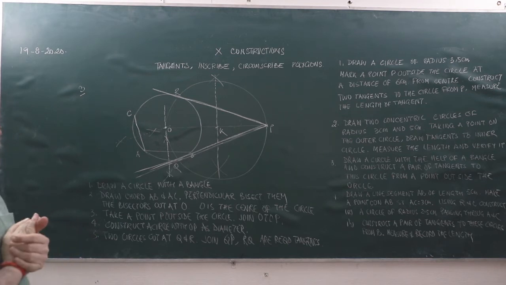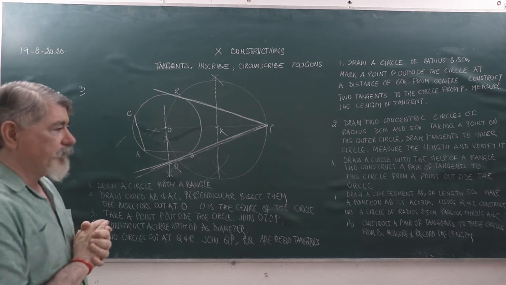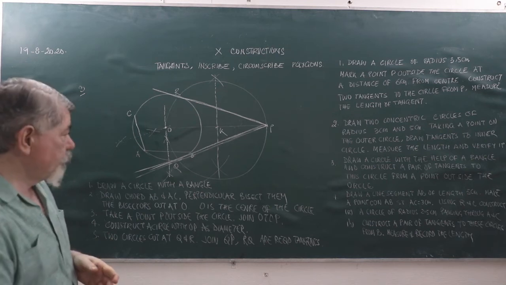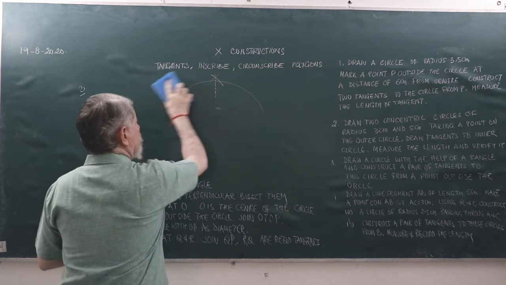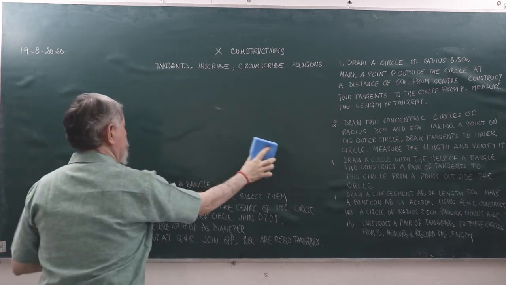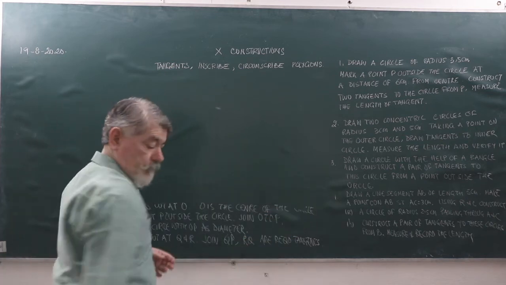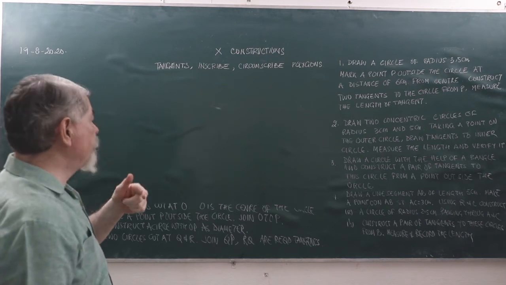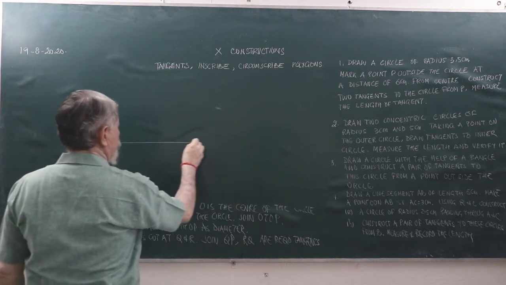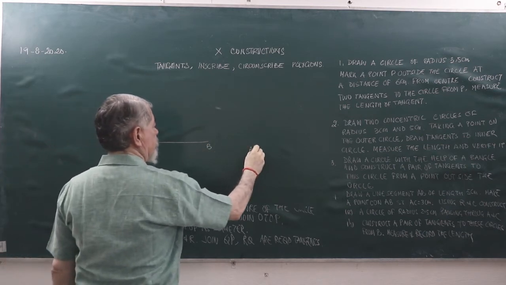It says draw a line segment AB of length 5 cm, make a point C on AB such that AC is 3 cm. So let us draw it. Draw AB as any line segment, AB equal to 5 cm.